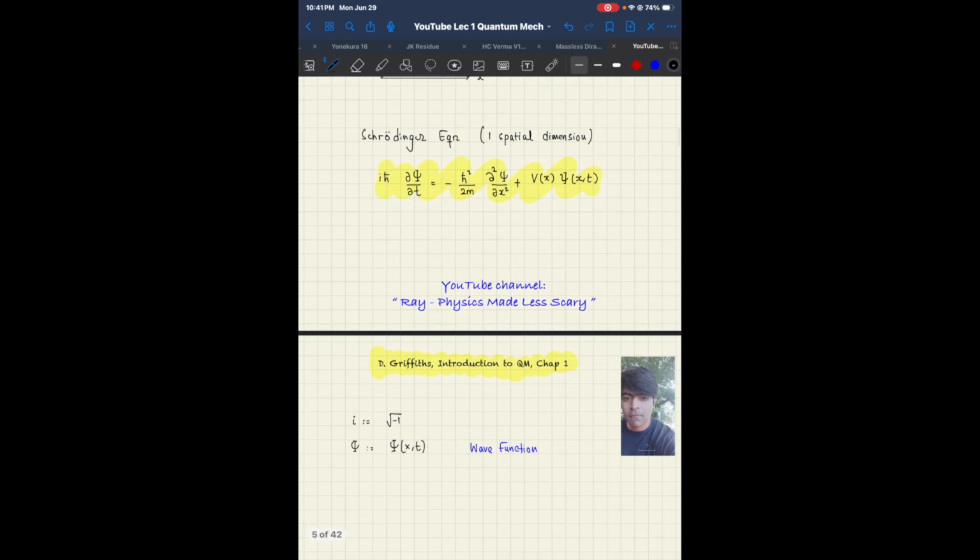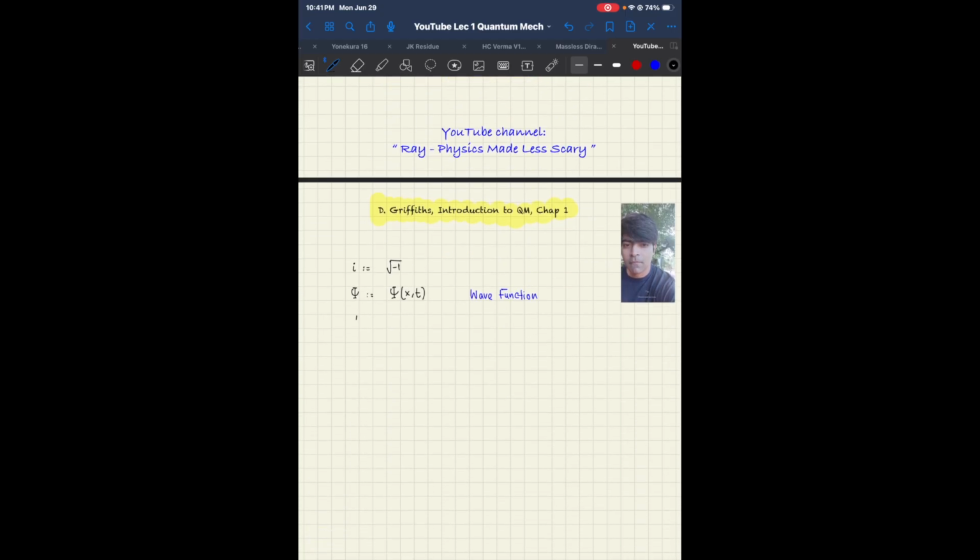What else do I have here? H bar. This is called the reduced Planck's constant. Why reduced? Well, this is by definition h by 2 pi. Well, you know what pi is, right? 3.14159. It's a constant that never ends.